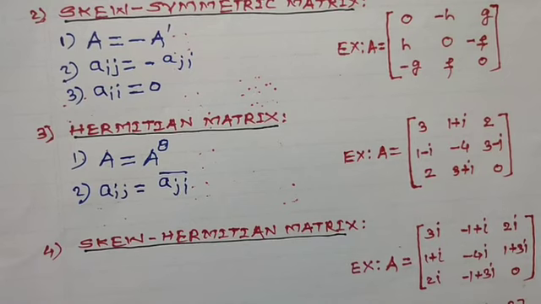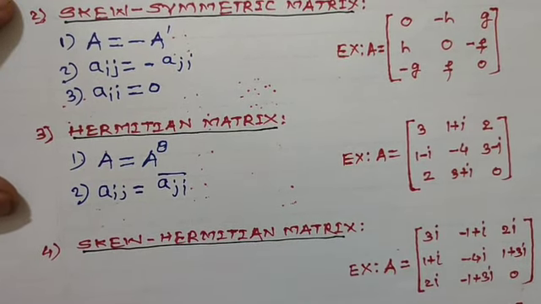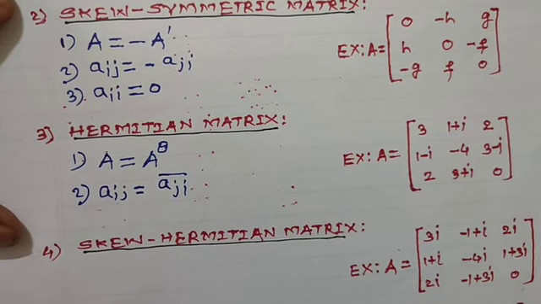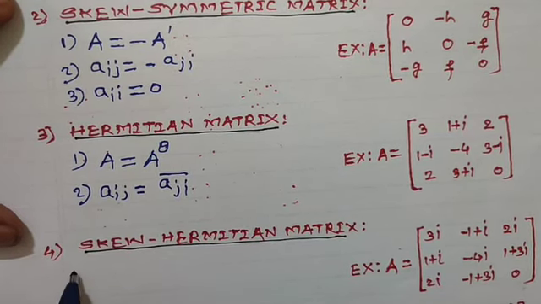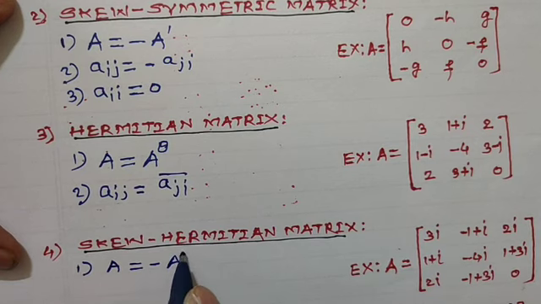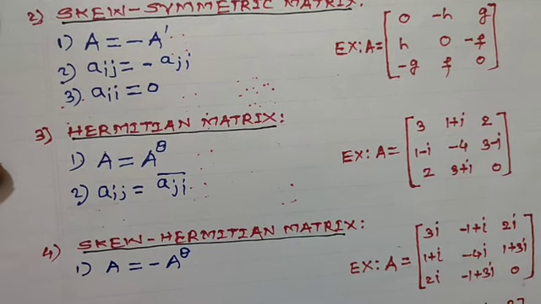Then skew Hermitian matrix. We have to know about the skew Hermitian matrix. In case of a skew Hermitian matrix, there are again three conditions. Case number one, in terms of matrix form, A is equal to minus the conjugate transpose of A. Okay, this condition is in terms of matrix.